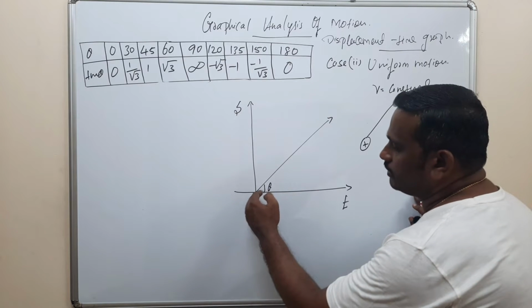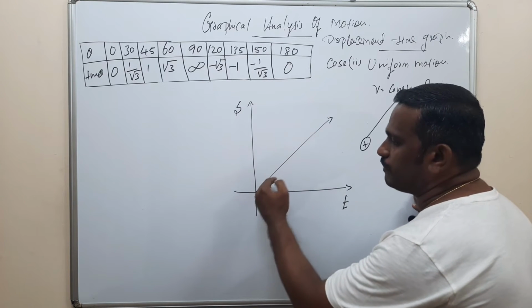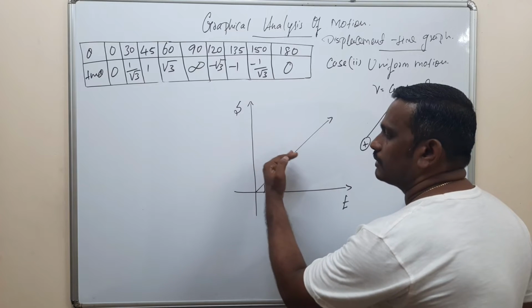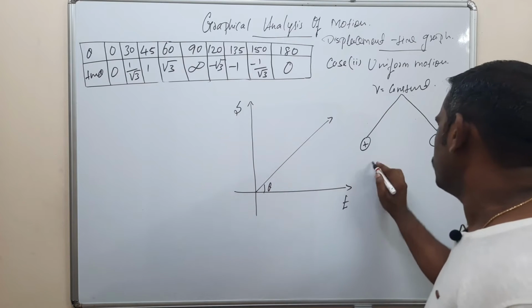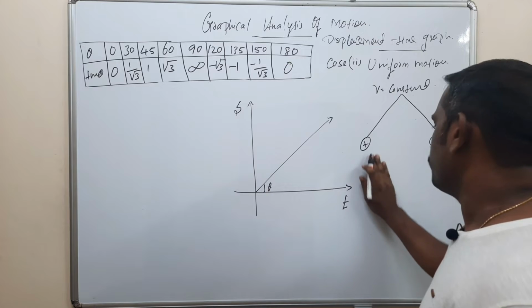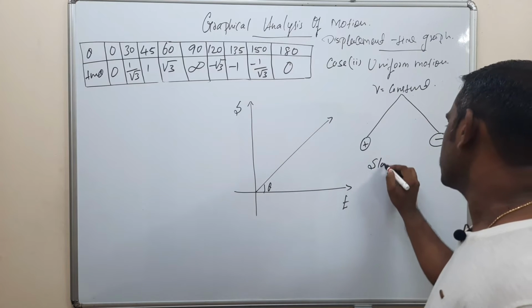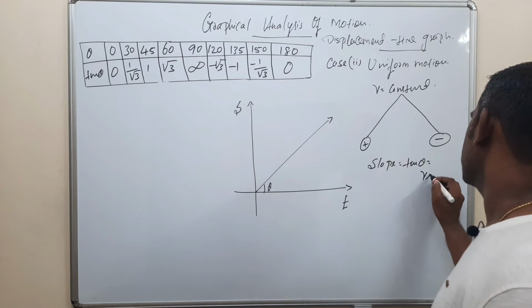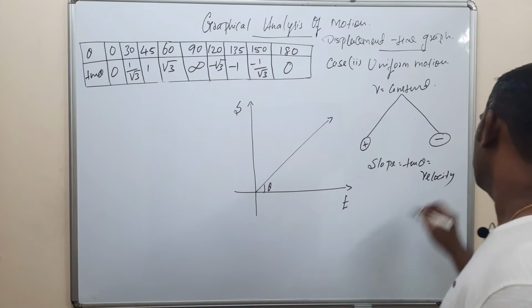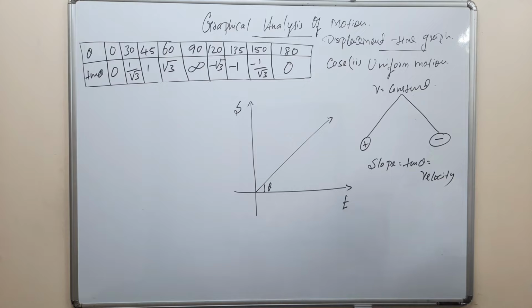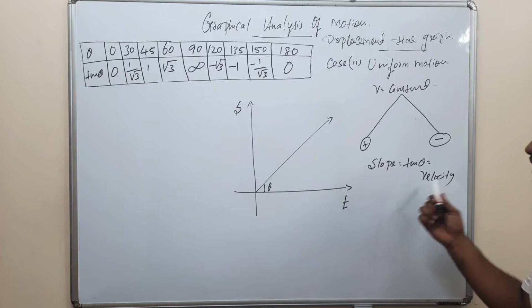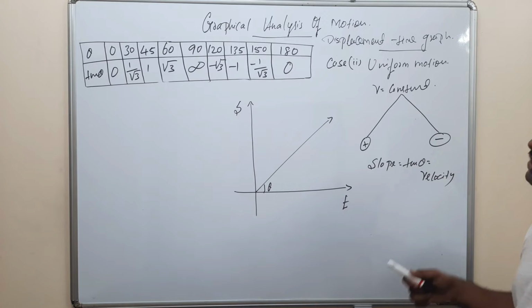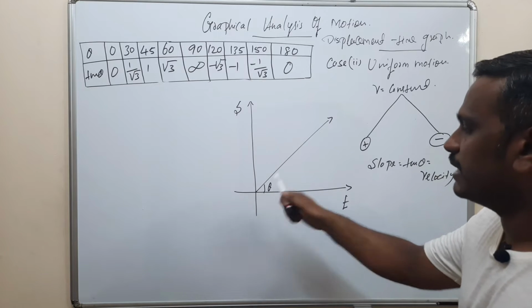So this graph makes an angle theta. So the slope is equal to tan theta, which is equal to the velocity of the motion. Am I right?